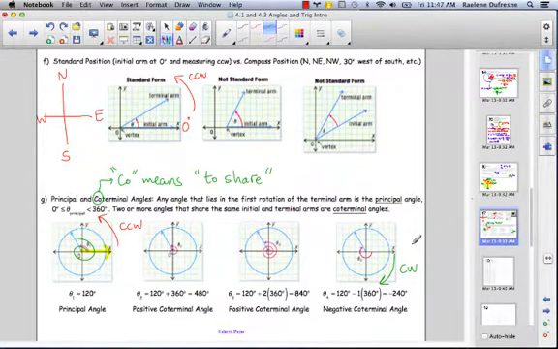The principal angle will always lie between 0 and 360 degrees, not equal to 360, but equal to 0. We don't include 360 degrees because 360 is coterminal to 0 degrees. And we can only have one principal angle. So we include 0 as the principal, but not 360. So a negative angle cannot be the principal angle because it is not between 0 and 360.